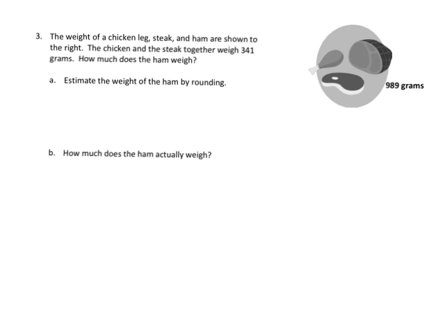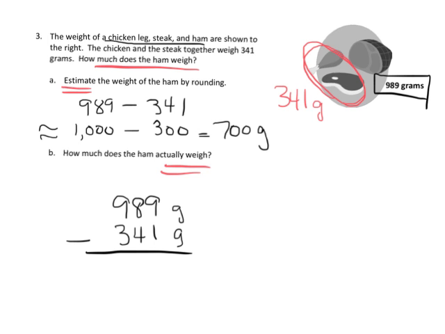Now we're supposed to find out what the actual weight is, so we're going to subtract using the standard algorithm. So we've got 989 grams, and we're going to subtract 341 grams. 9 minus 1 gives us 8. We have 8 tens, take away 4 tens, gives us 4 tens, which is 40.